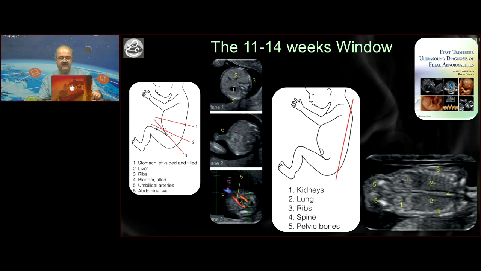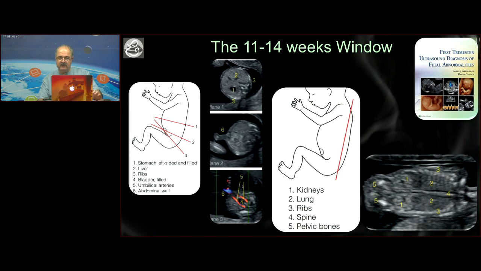The second section is at the level of the cord insertion, and again in this, depending on how you slice through, you may not see the kidneys at the back. And the third section is from the cord insertion down through the bladder, and here again you will only see the bladder. So the classical sections really do not intersect the kidneys.